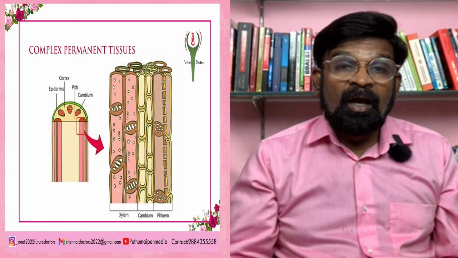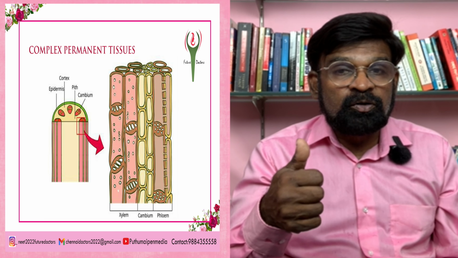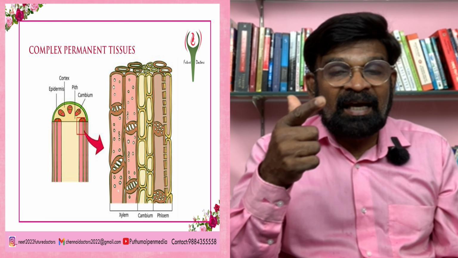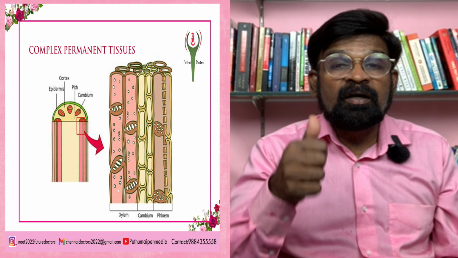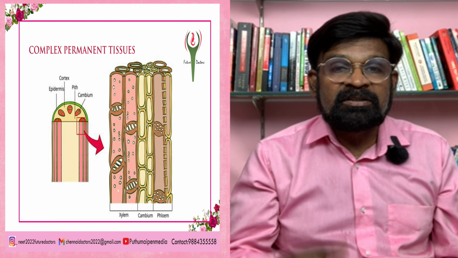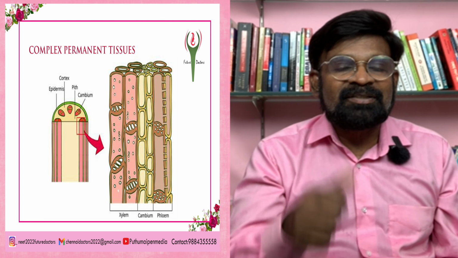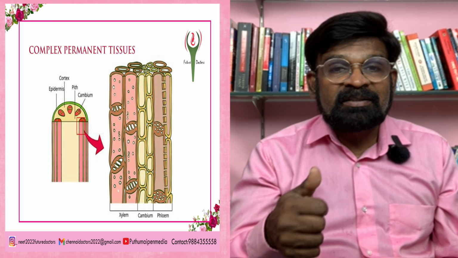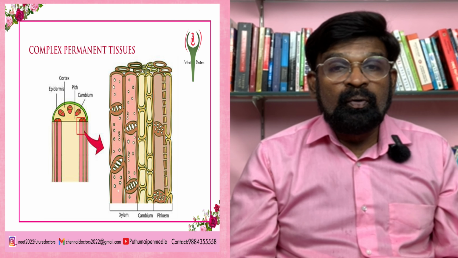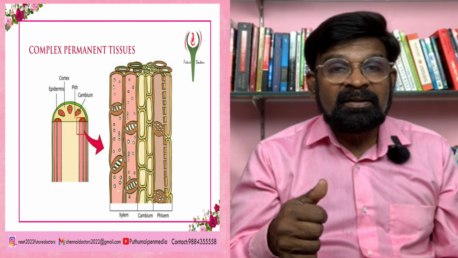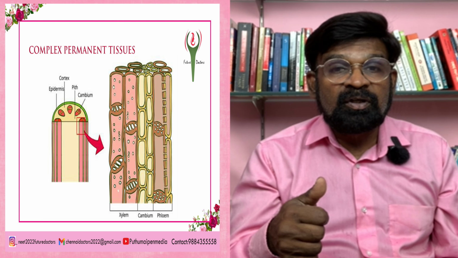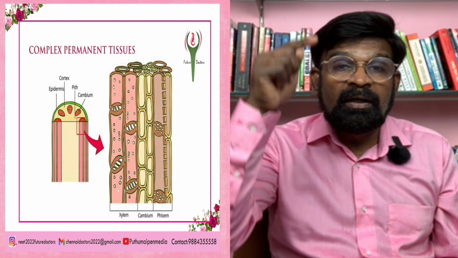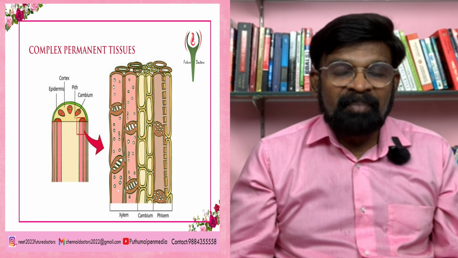Next slide. Complex permanent tissues are a group of more than one type of cells having a common origin and working together as a unit. Xylem. Xylem is a complex permanent tissue which conducts water and mineral nutrients upward from the root to all aerial parts of the plant.